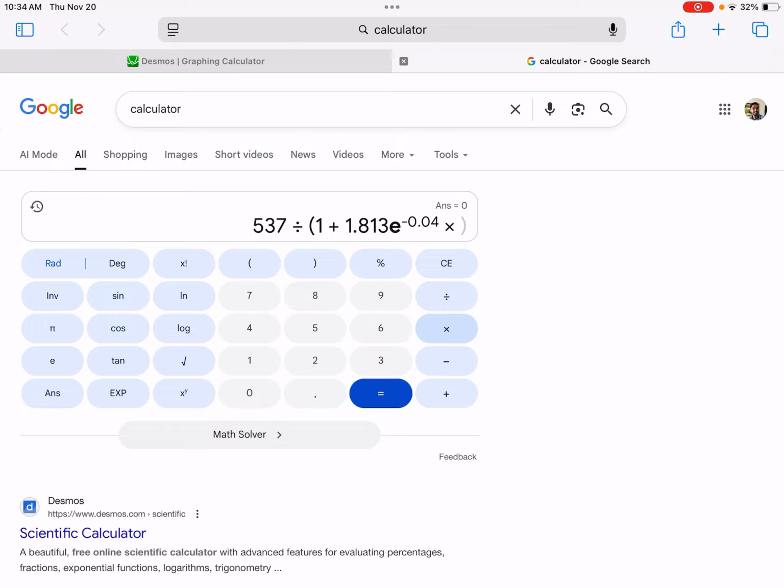Now we have to multiply that one, so we might need a parenthesis here as well. Parenthesis negative 0.04 times 60, and parenthesis close.